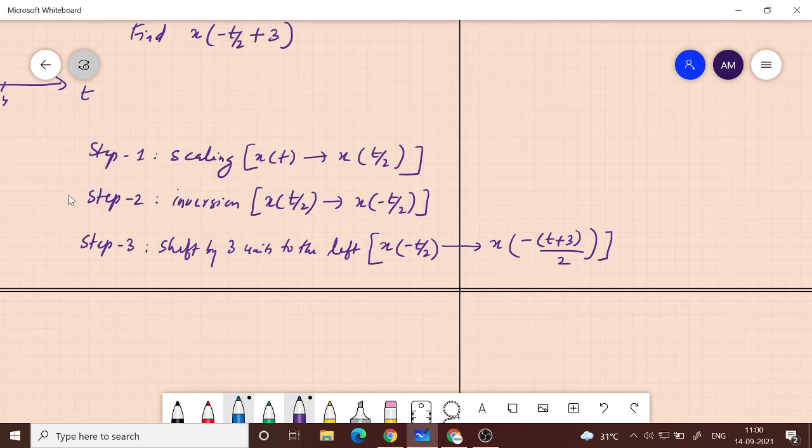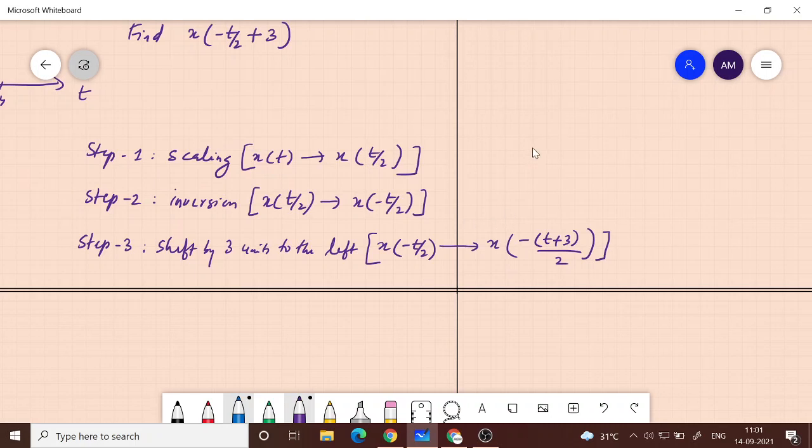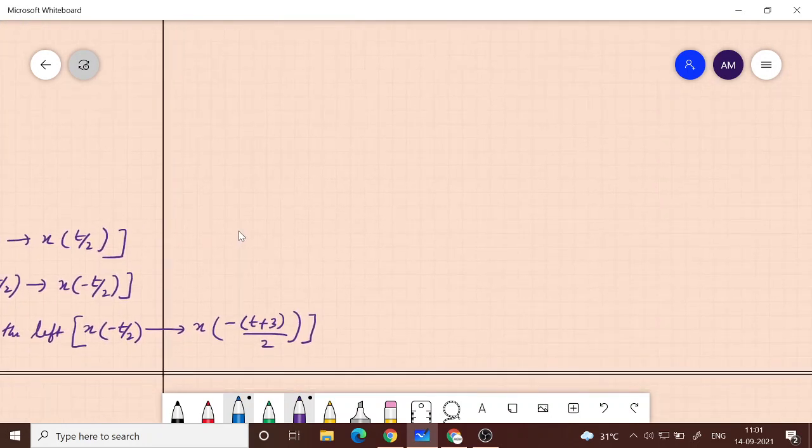Similarly, inversion means t with minus t. Scaling means t with at. Wherever t is there, you need to replace it with the modified variable. So if you do this, what you are getting is not what you want. Are you able to see that? Yes, sir.